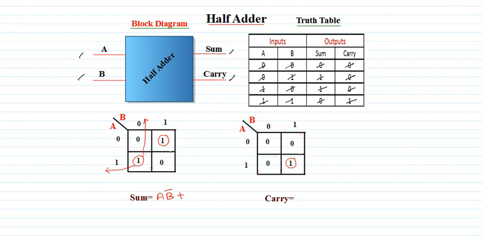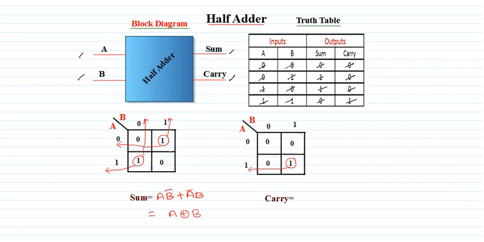Plus the second group: if I go horizontally, A is 0, which indicates that A is complemented, and here B is 1, so B is non-complemented. So this is A B bar plus A bar B, which is equal to A XOR B.